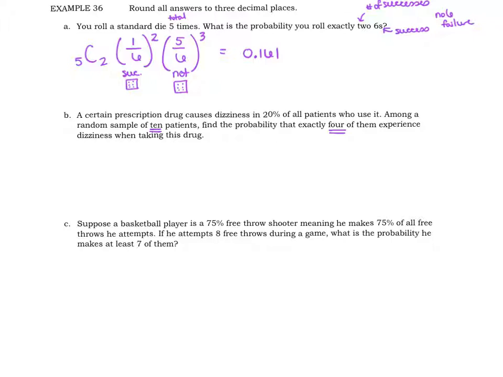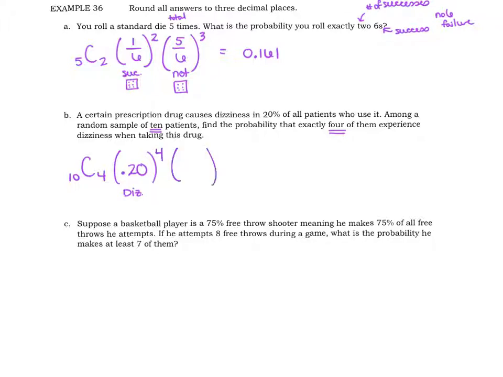So we're going to take our total number of patients, 10. We're going to choose which 4 of them experience dizziness. And then this part here is going to be about the people who are dizzy. So what's the probability they experience dizziness? 20%. How many of those 10 patients are we trying to find out would have dizziness? That would be 4.